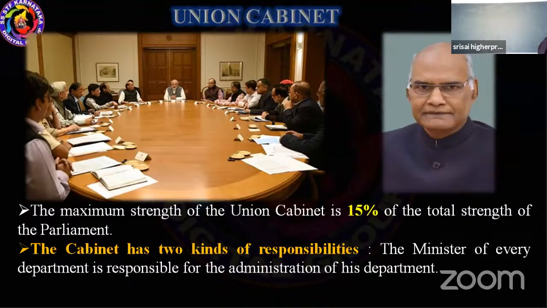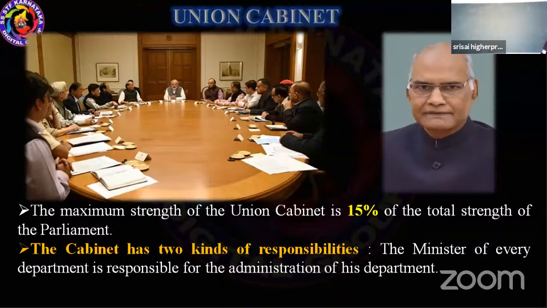Because while they conduct a session, he has to answer the opposition party, because opposition parties will ask questions regarding any issues. It could be regarding the railway department, the finance department, the defense department, the home department, or the external affairs department.